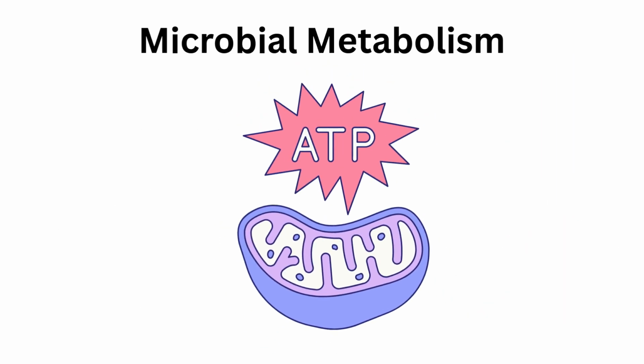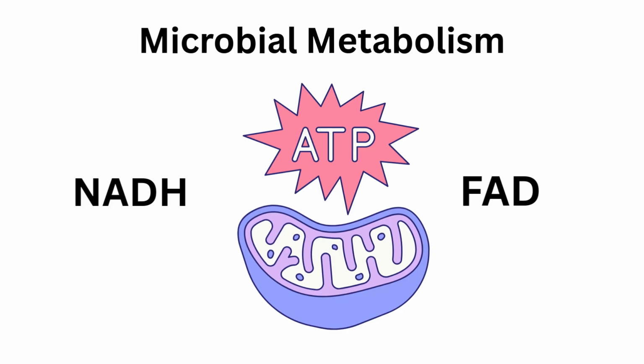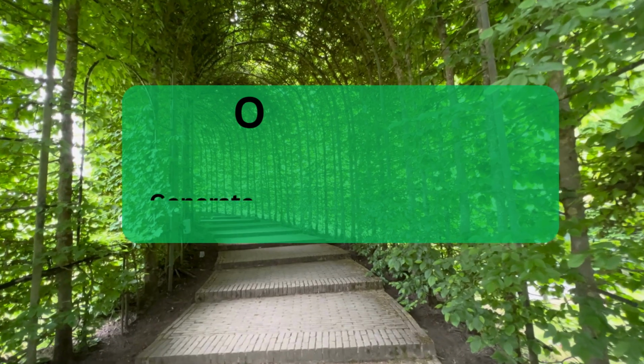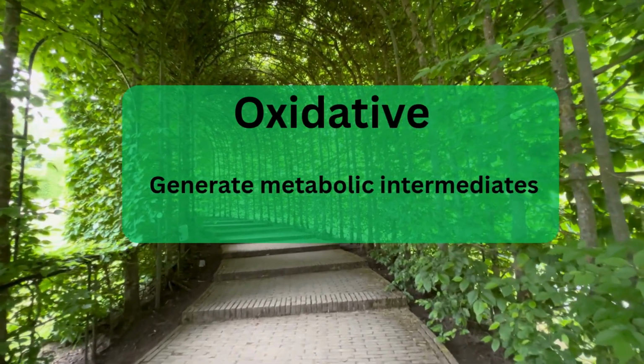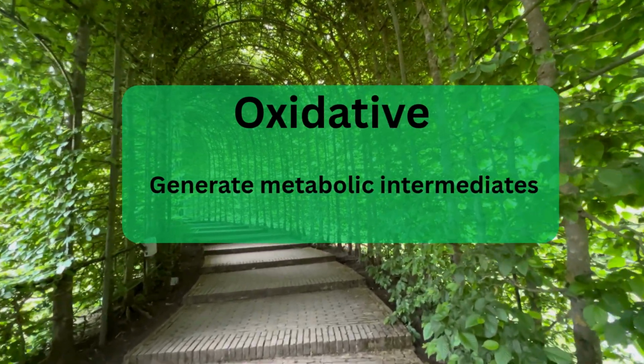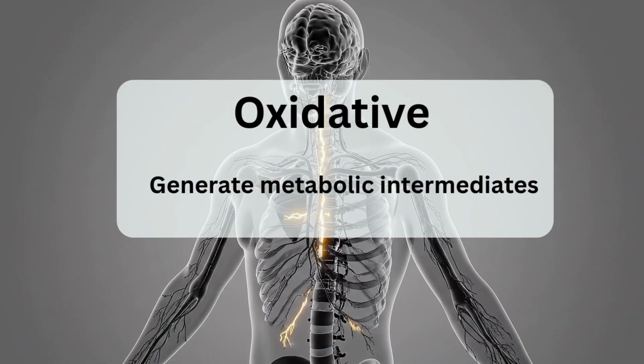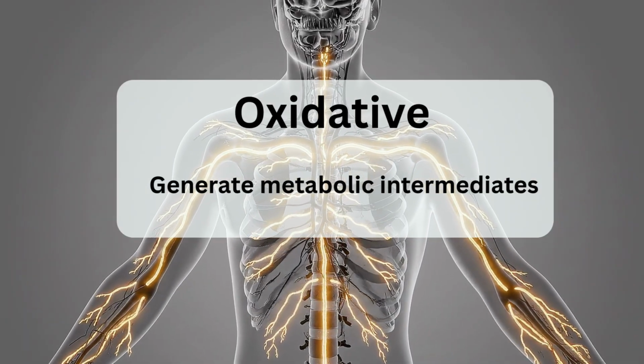This released energy is conserved primarily in the form of ATP or reduced electron carriers such as NADH and FADH2. Catabolic pathways are typically oxidative and generate metabolic intermediates that feed into biosynthetic pathways.